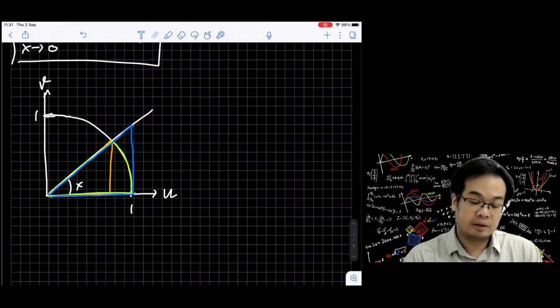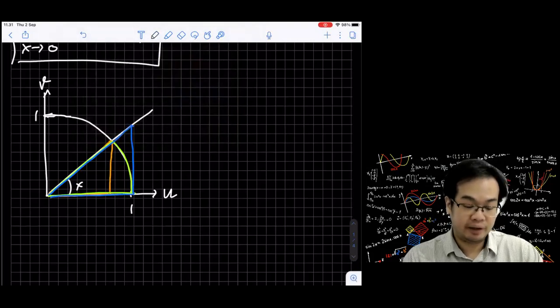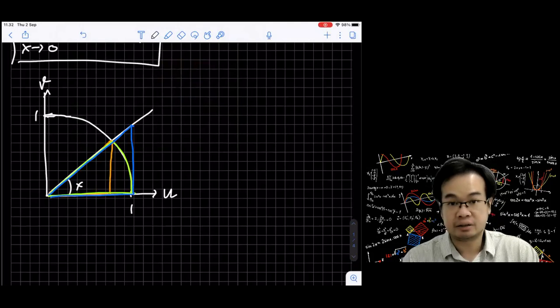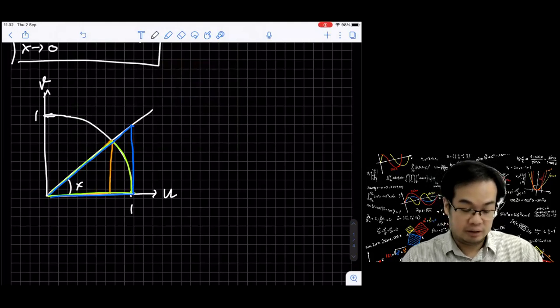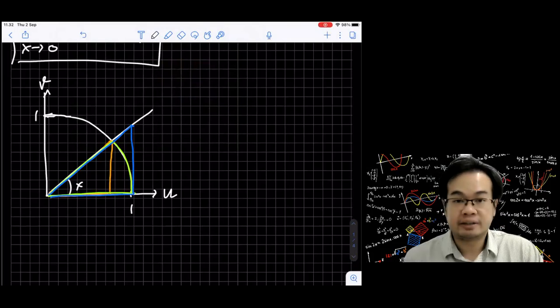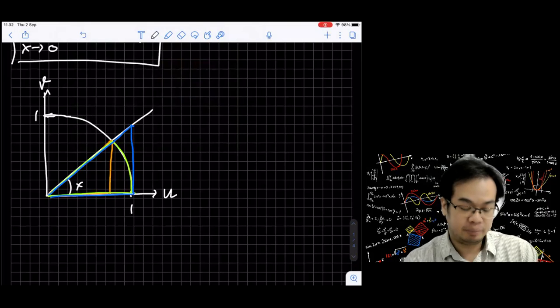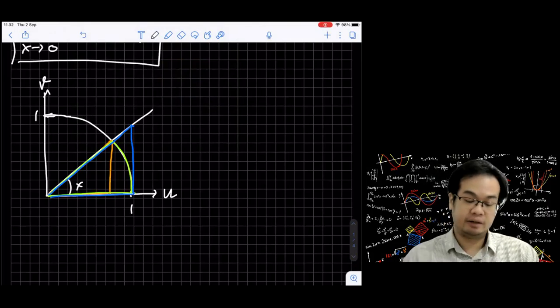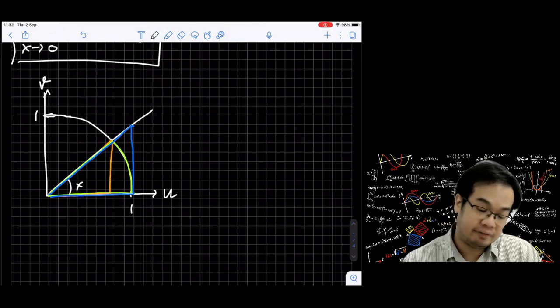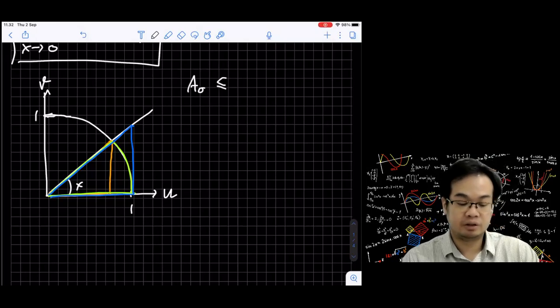Okay. Now, if we have these three shapes, then no matter how big or how small the measurement of x is, as long as x is between 0 and 90 degrees, the area of the orange one will be the smallest.